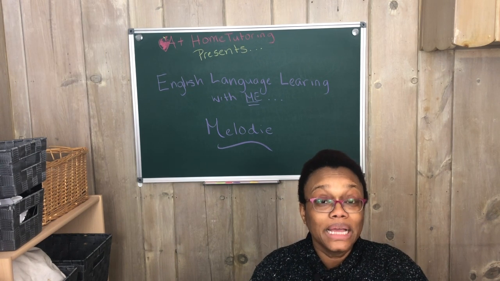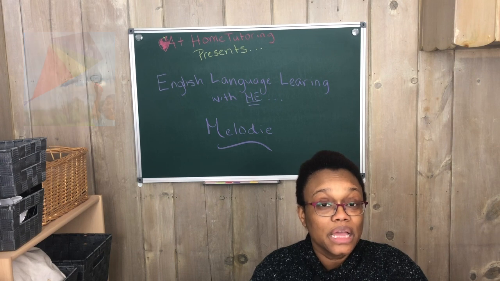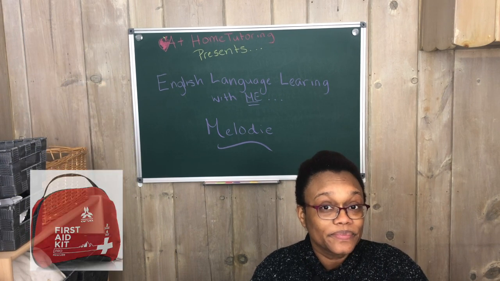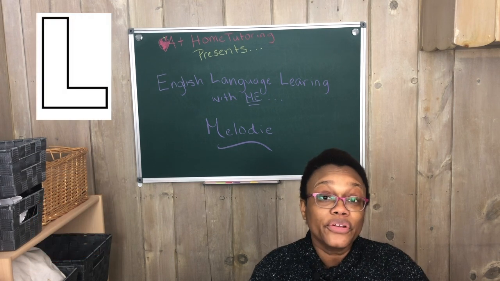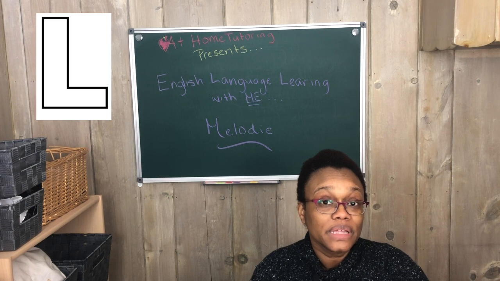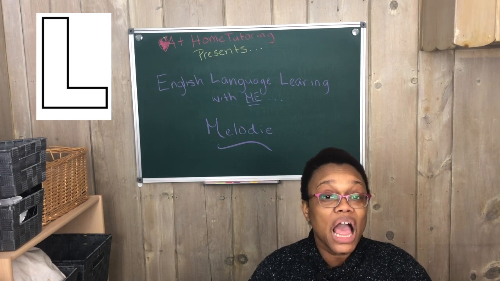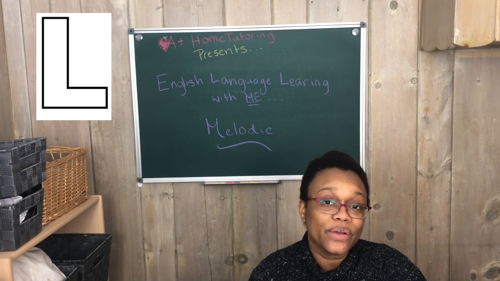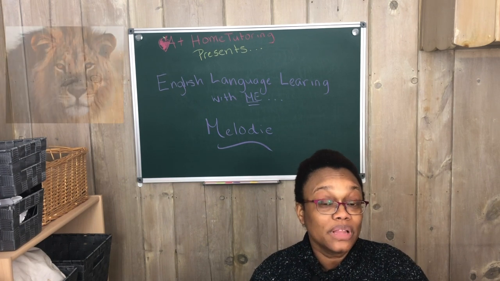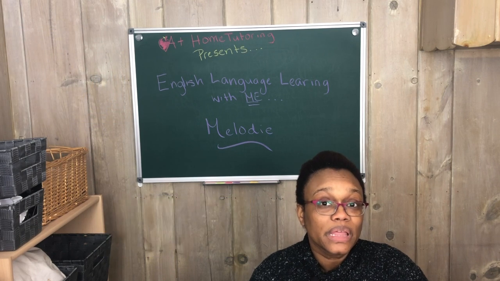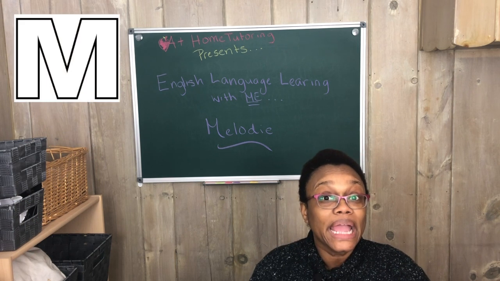For example, kite, kangaroo, kit. The next letter is the letter L. L. The letter L produces a l, l sound. For example, lion, lizard, lazy.